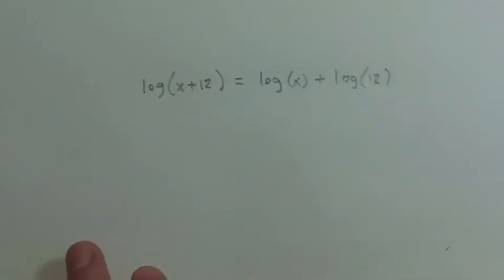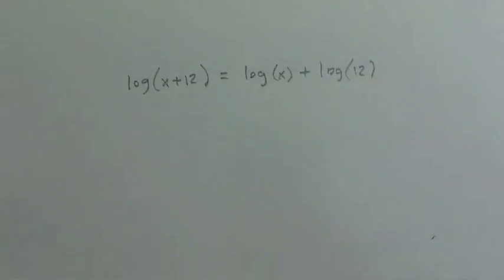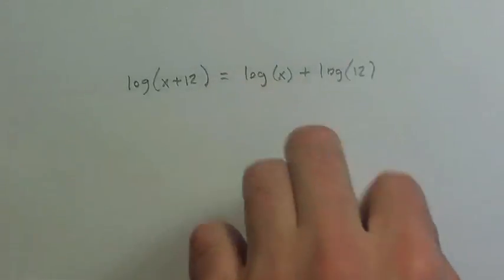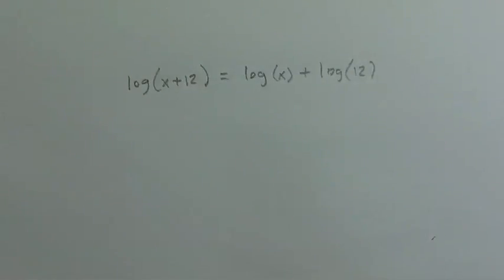Okay, what happens if we have all logs and none of them can be evaluated? So instead of isolating, what we're going to do is try and get it so we have logs on both sides.